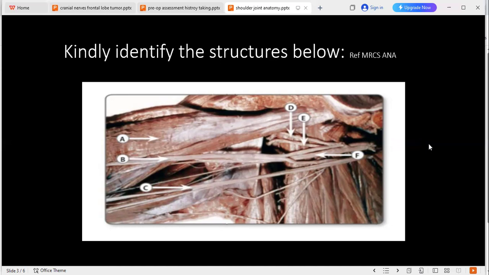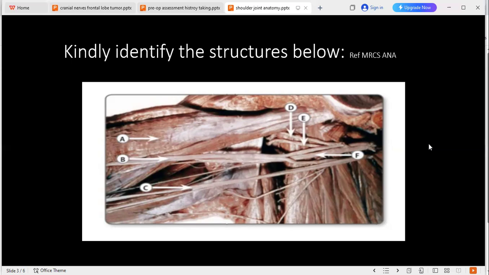Yes, it starts with the roots. The roots originate from the intervertebral foramen, and they lie between the scalenus anterior and medius. Then there are trunks. Trunks are at the base of the posterior triangle of the neck, behind the third part of the subclavian artery.